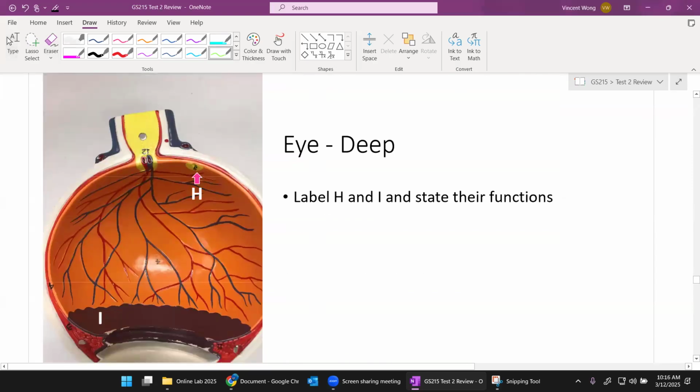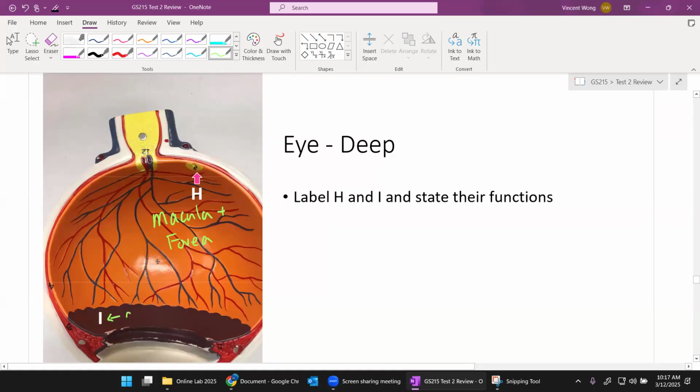Next to the blind spot over here is the macula plus the fovea on the inside, which of course produces sharp images for what we're looking at.